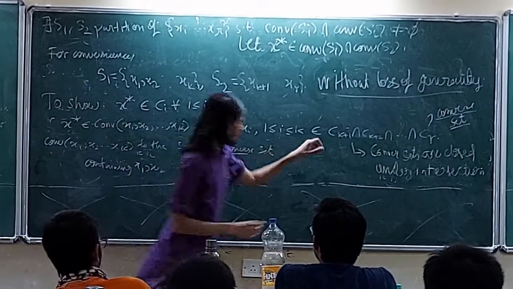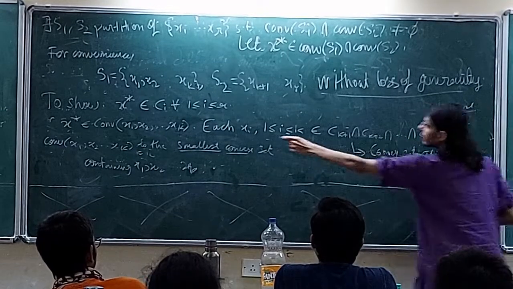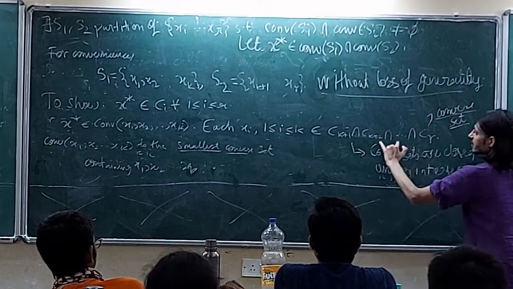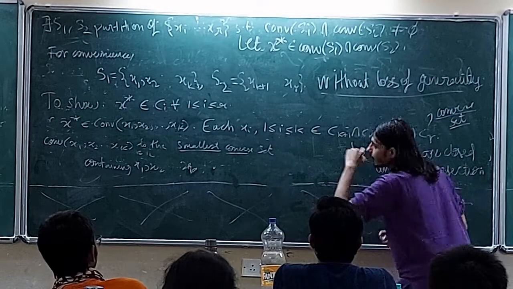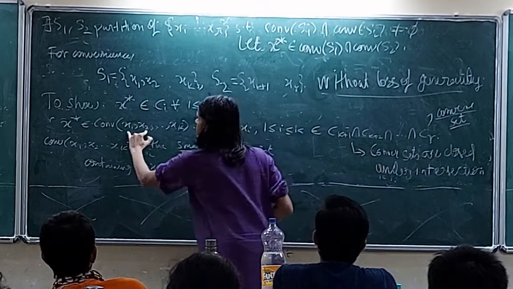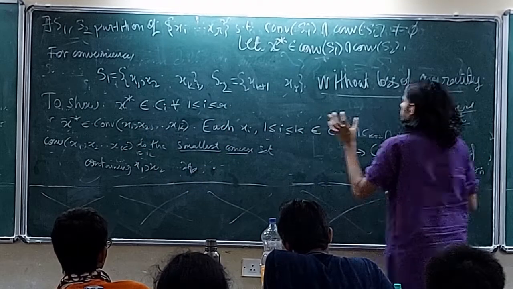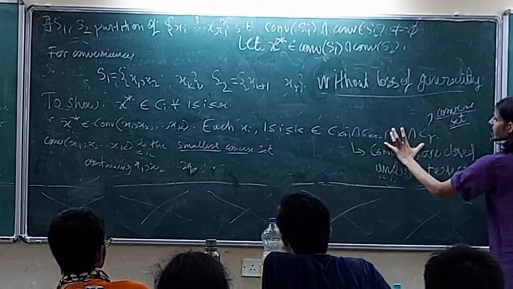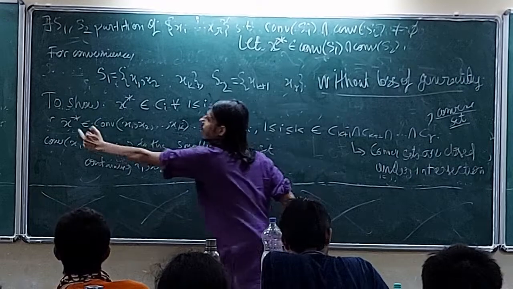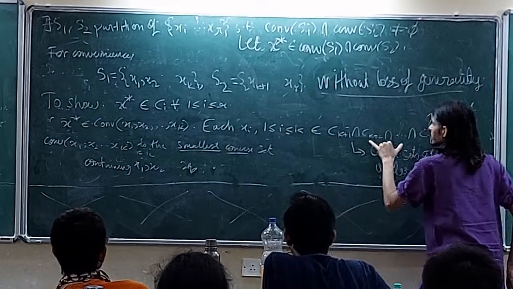But this is another convex set that contains each of these x's. But the smallest one is the conv. So therefore, the conv of these points must be a subset of this. And because x star is in the conv, x star must be in this set.